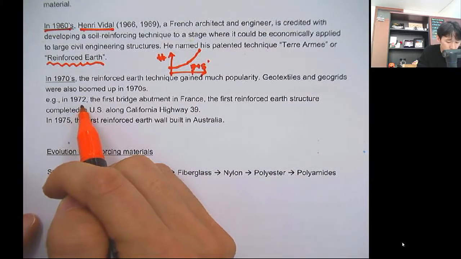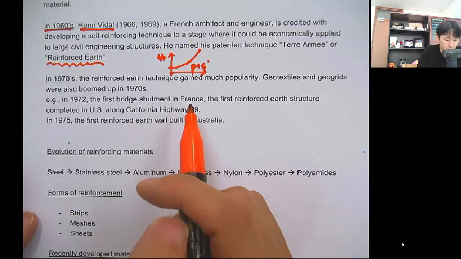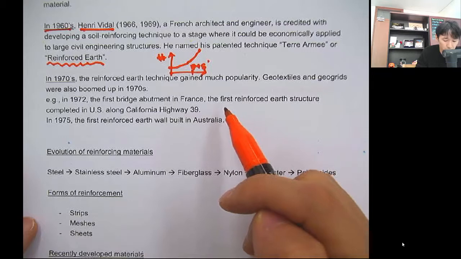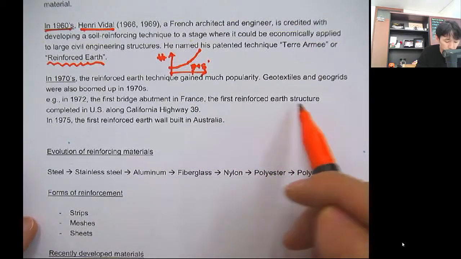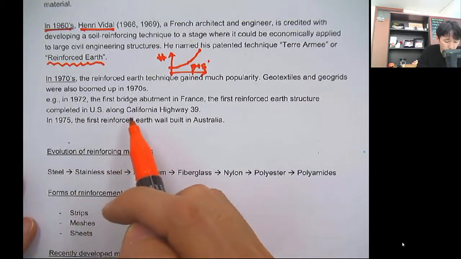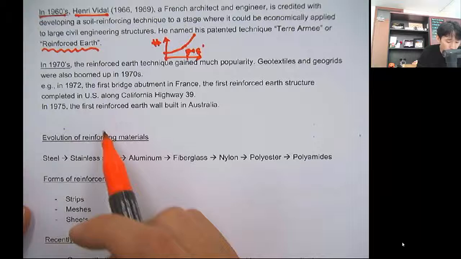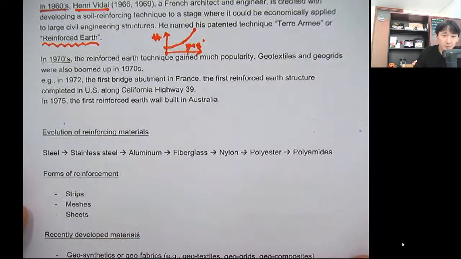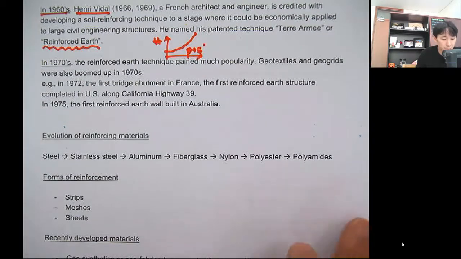For example, in 1972, the first bridge abutment in France for reinforced earth was used, and that technique was also implemented in the first reinforced earth structure completed in the United States along California Highway 39. And in 1975, it was also built in Australia. So it's been only about 50 years.